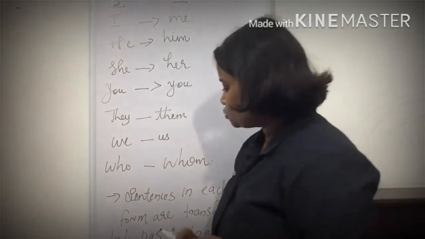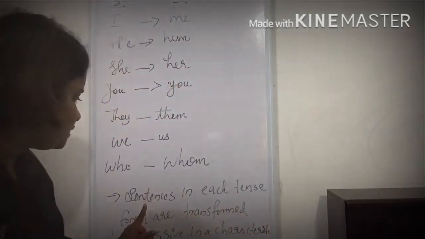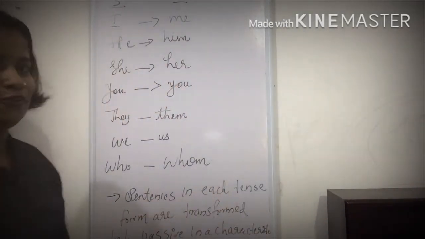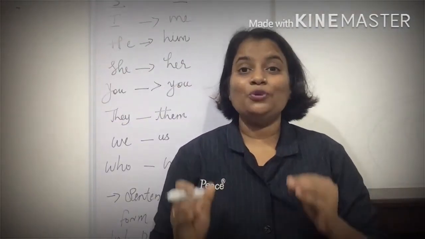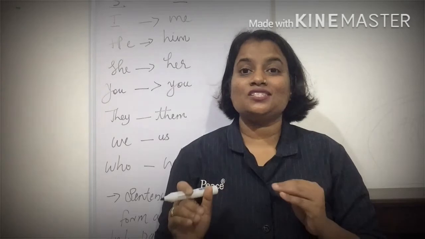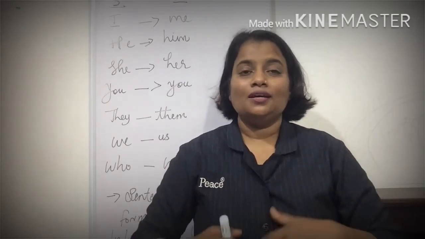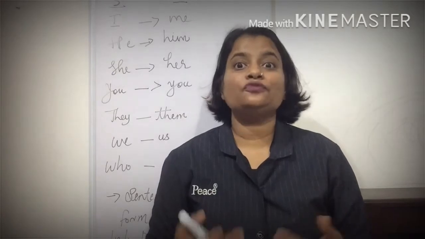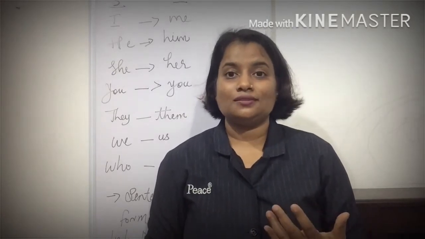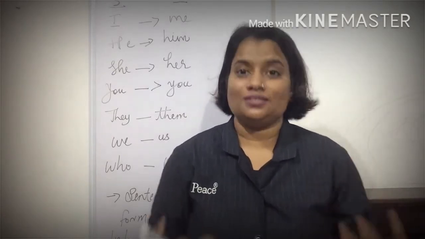The next one is sentences in each tense form. It's very convenient. I hope you understood the tense structures properly, because even if you see the statement, you will know which tense form it is.